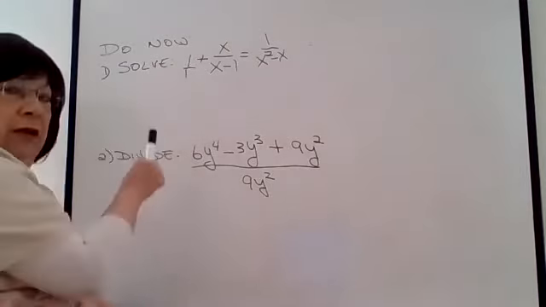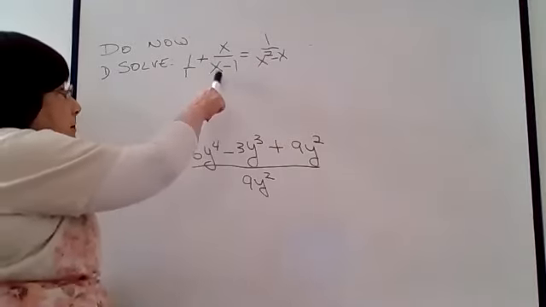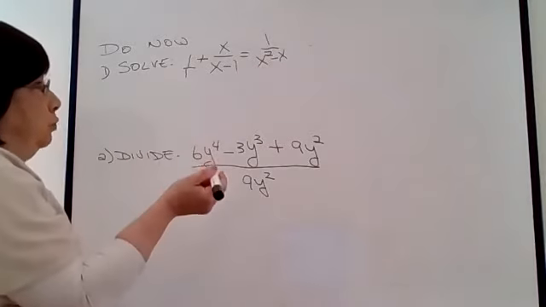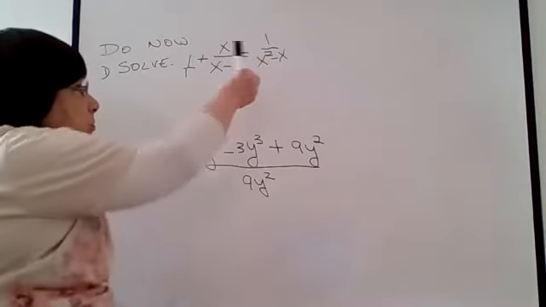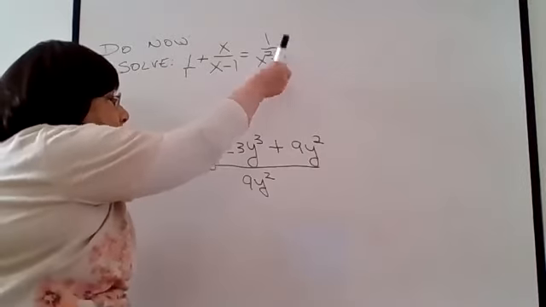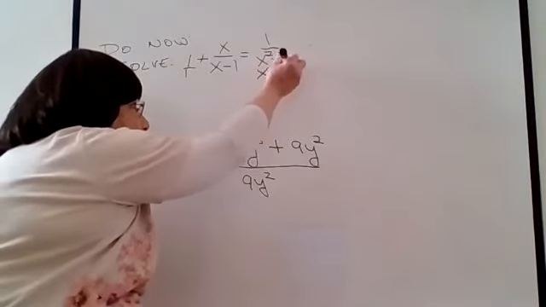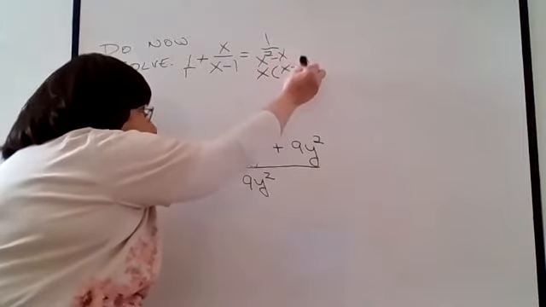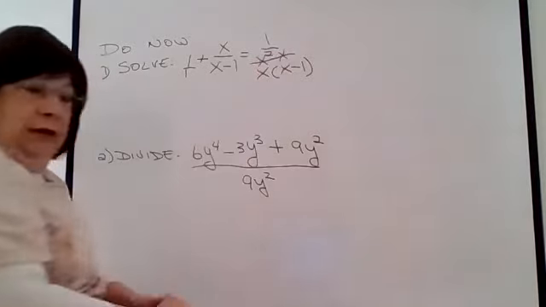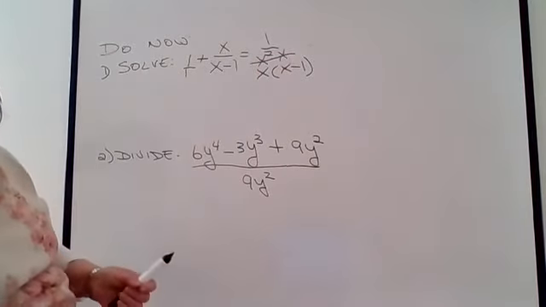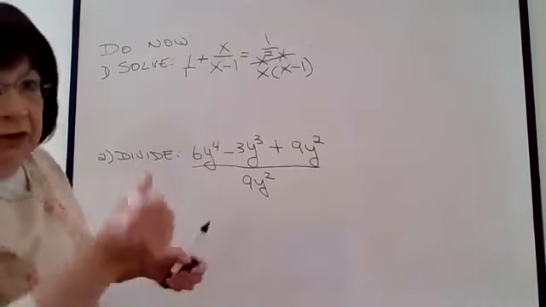So this has a denominator of 1. This has a denominator of x minus 1. You can't factor either of those, but this x squared minus x can be factored to x times x minus 1. And again, I like to do it using the circling.